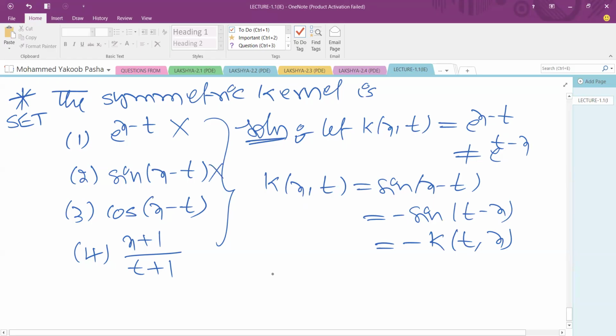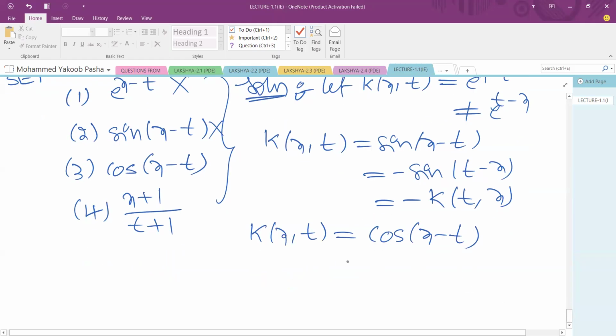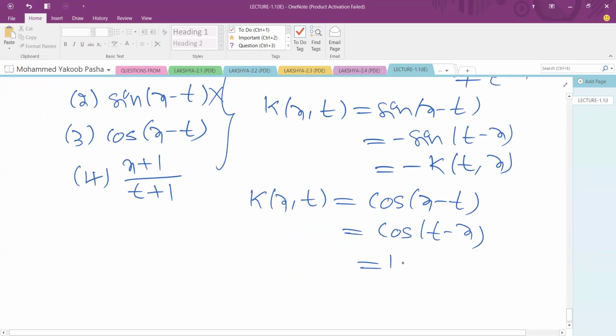So this is also not correct. If we take k of x comma t is equal to cos x minus t, we can write cos t minus x also, since cos of minus theta becomes cos theta. So it is k of t comma x. Here we can conclude that cos x minus t is the symmetric kernel.